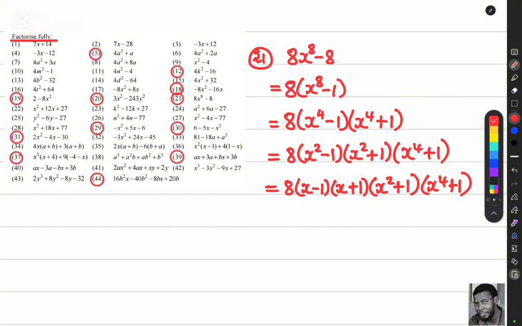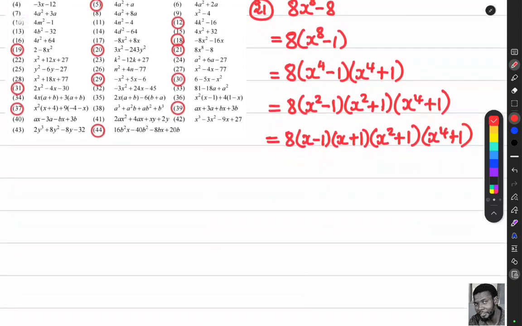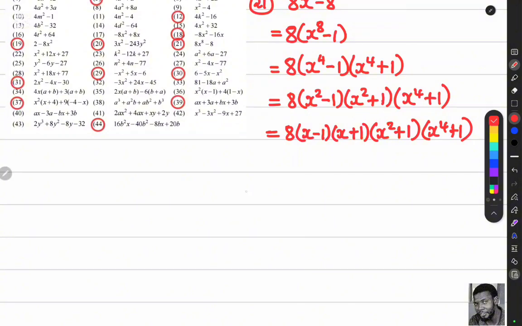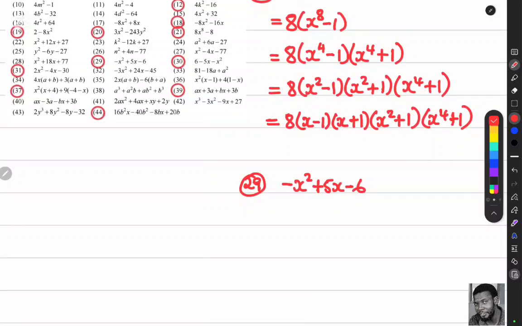Okay, so let's now move on to number 29. Number 29, we've got negative x squared plus 5x minus 6. So with this one, firstly, you'll have to factor out the negative sign.